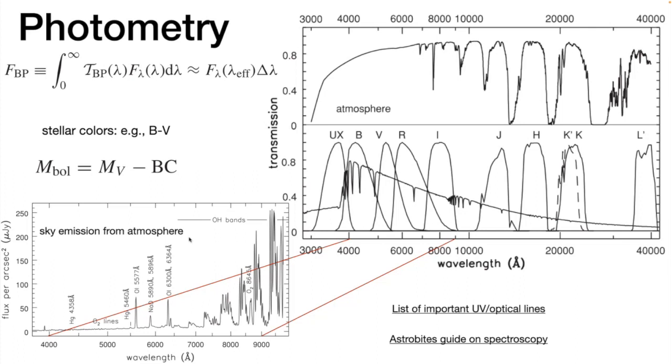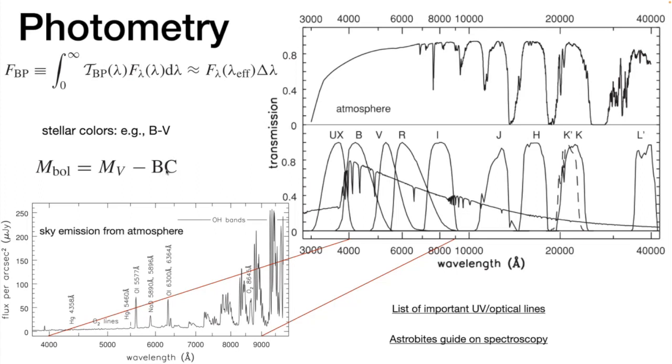So what you measure is, say, in V band, some absolute or apparent magnitude, but what you're interested in is the total luminosity, and this correction is called a bolometric correction. These are terms that when you encounter them the first time, you should not be totally zapped. You can understand them in more intuitive ways.